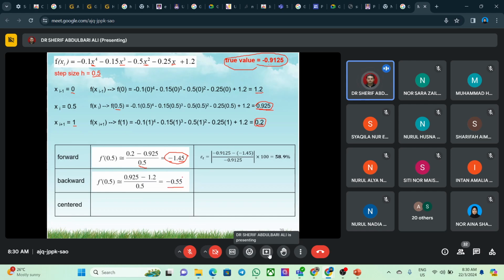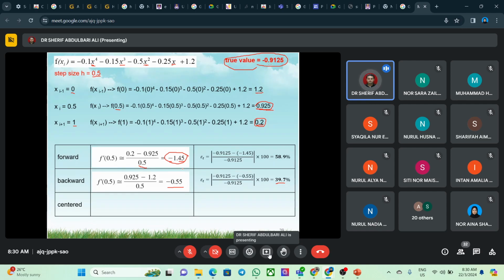Again, look at this value and the true value, still far from the true value, not even matching. So the error is also going to be a little bit huge. The error is true value minus the result over the true value times 100. So it's 39.7% still.